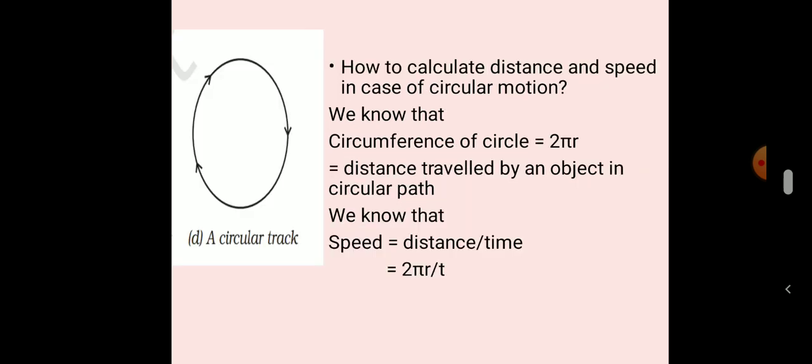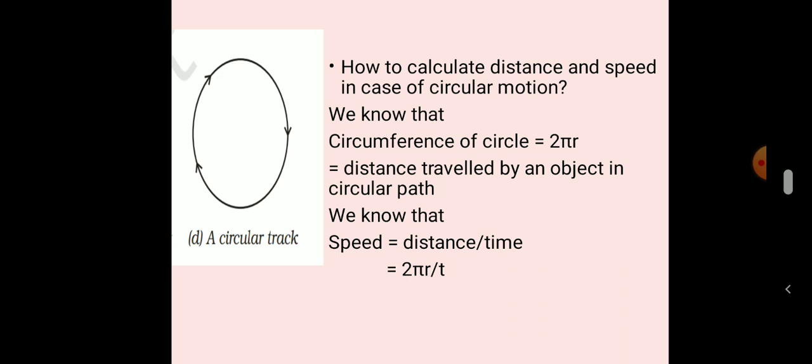Now, how to calculate the distance and speed in case of circular motion? So we know that the circumference of a circle of radius r is given by 2 pi r. If the athlete takes t seconds to go once round the circular path of radius r, the speed v is given by distance upon time.